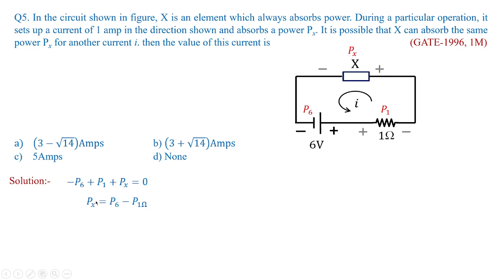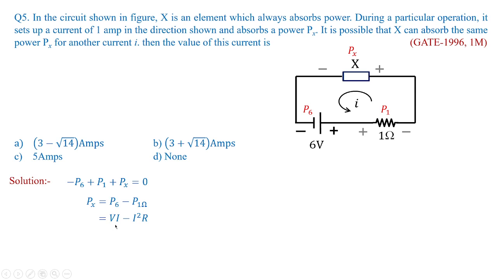So this is the Px value, and from the given data, that is 1 ampere flowing, the power at 6 volts will be V into I, minus, this is 1 ohm, so it becomes I square into R. So what is the catch over here? We are given the value of current as 1 ampere.